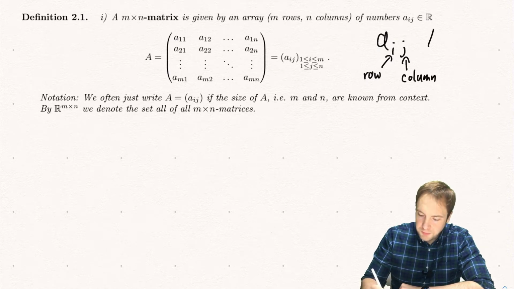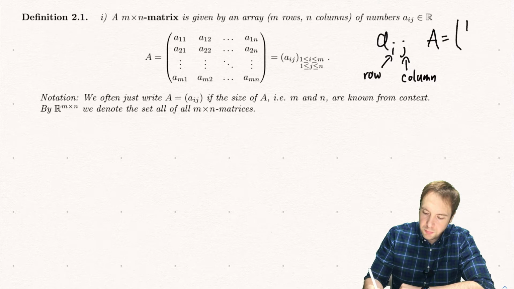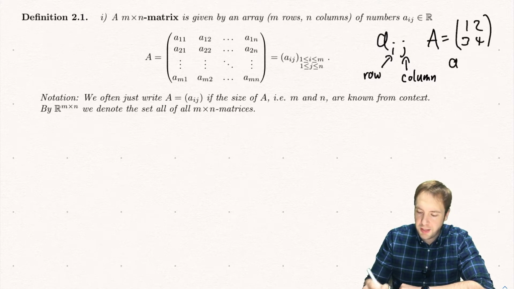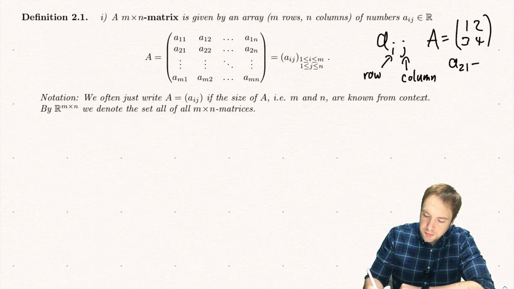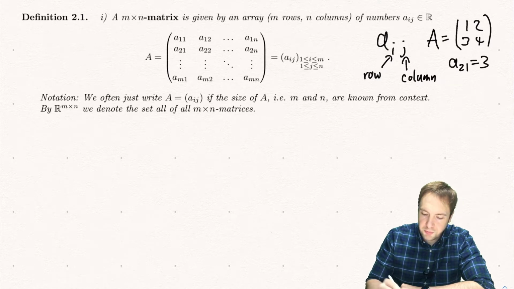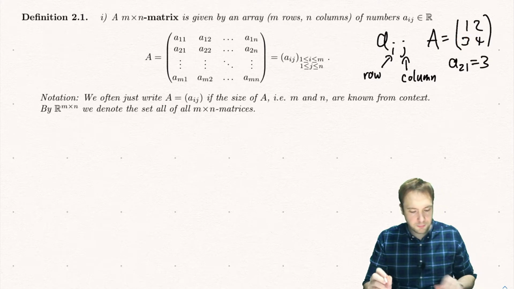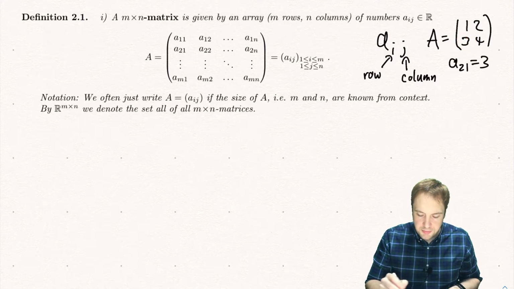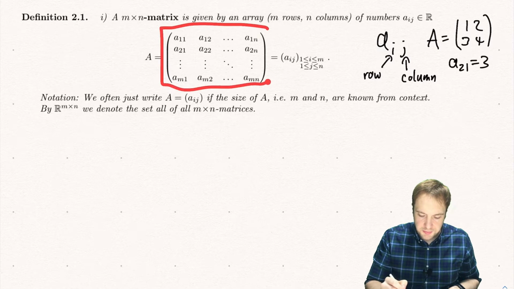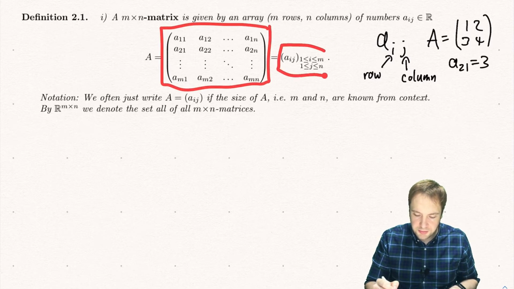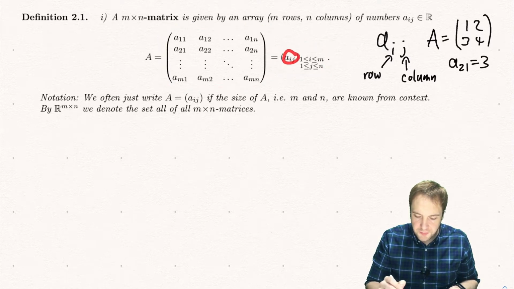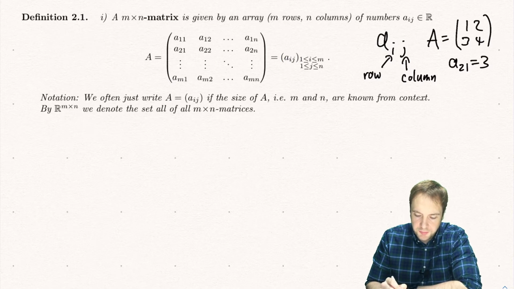So for example, if I have A is 1, 2, 3, 4, then in this case the entry a_21 is 3, because it's the entry in the second row and the first column. And another notation, instead of writing it like this, is that we just write it like this. So we say it's a collection of numbers a_ij, where this i runs from 1 to m, and this j runs from 1 to n.